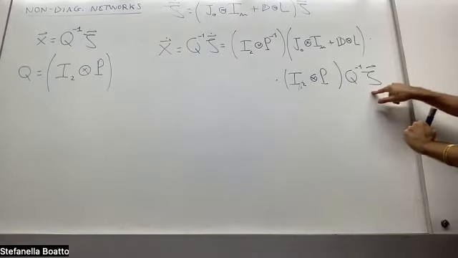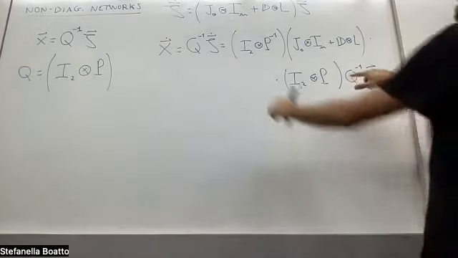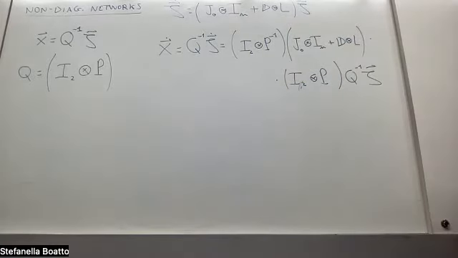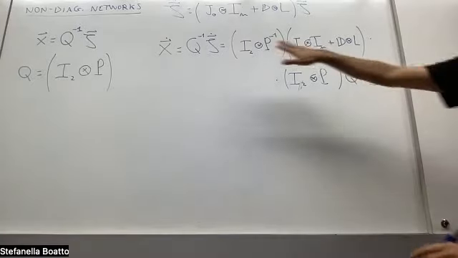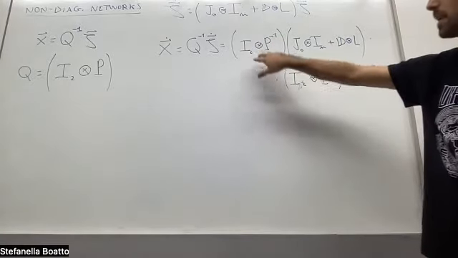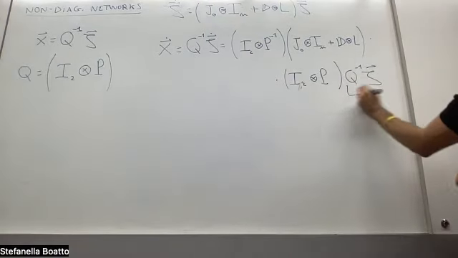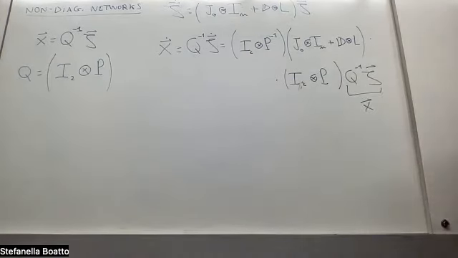Okay, and here I'm just adding the identity. So no, actually I'm multiplying left by q minus 1, and here I'm multiplying by the identity, and so then I recover the x.